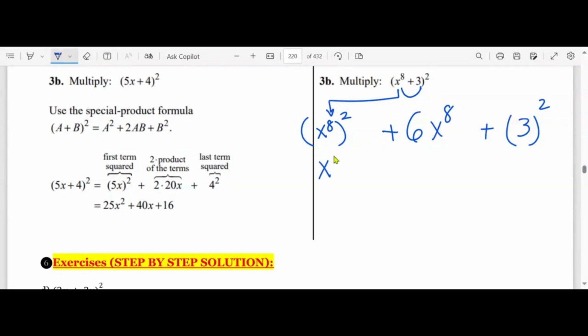So what's the exponent here? 16. 16. And here how much? That's your final answer. That's fine. I think remove it. Easy? Move on.